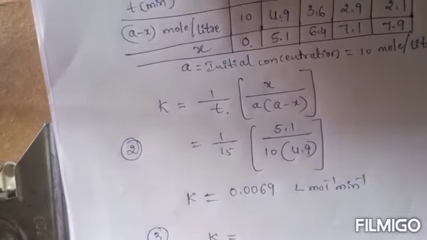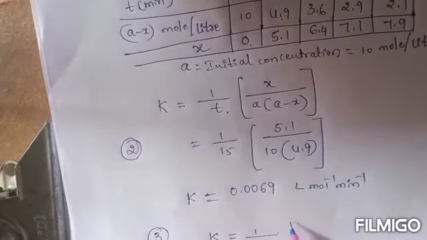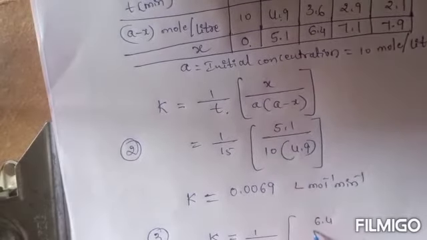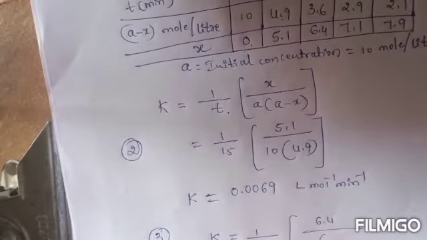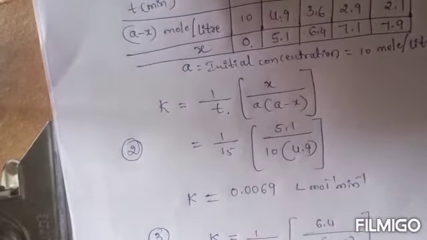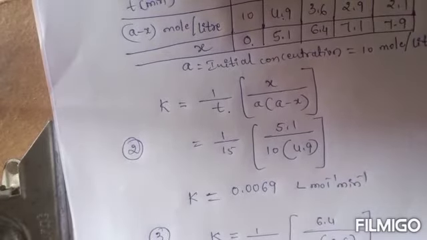Here at second, and at third, again K is equal to 1 divided by 25 minutes, X is 6.4 divided by initial concentration 10, then A minus X is 3.6. Again multiplying these values, we will get the answer 0.0071.